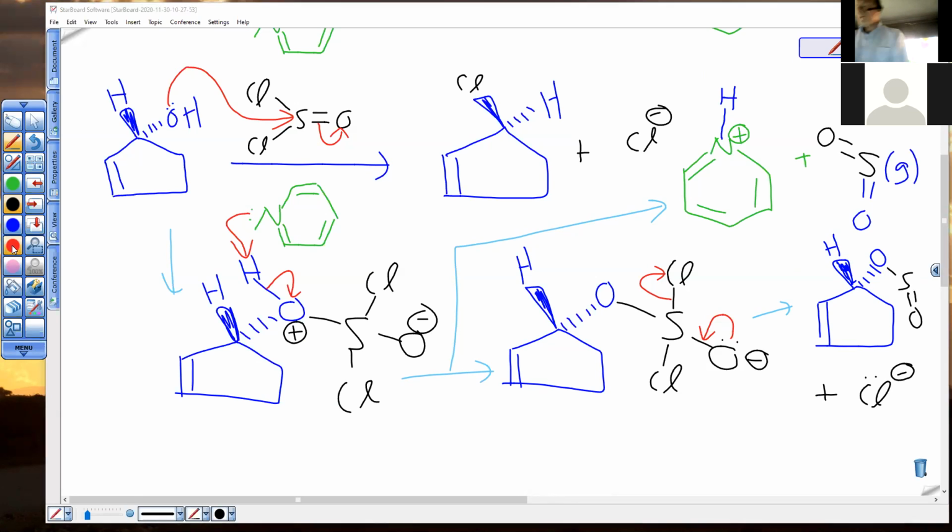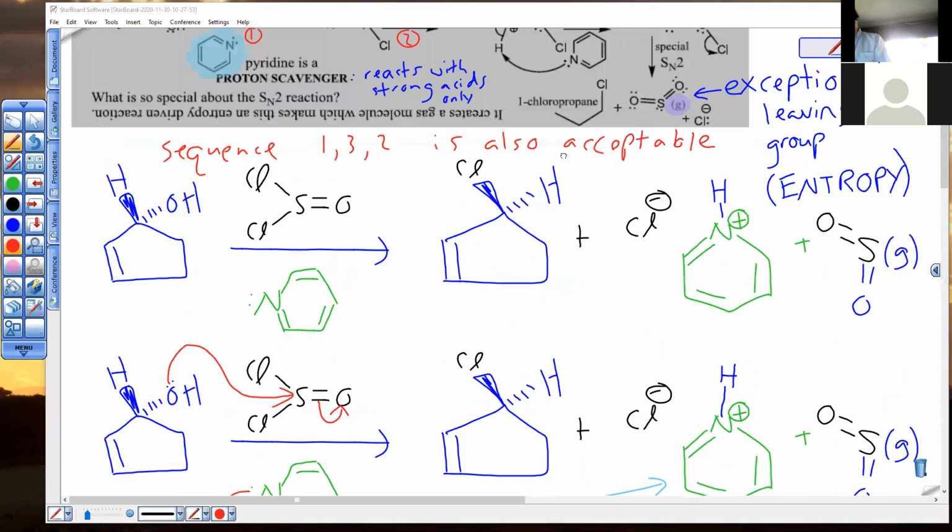Backside attack on the leaving group. I realize I have a chlorine still on my sulfur. There was 2. I only got rid of 1. What happens to the sigma bond between the carbon and the oxygen?